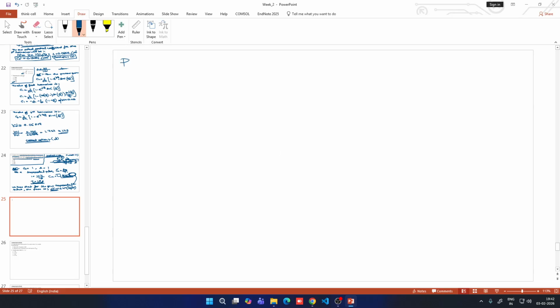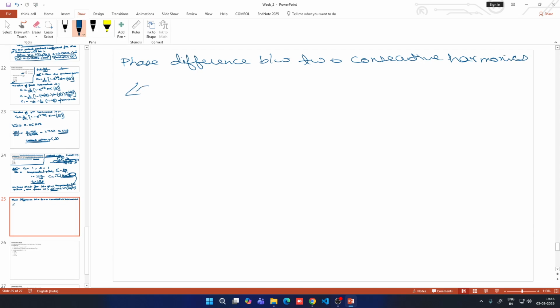And the phase difference is given by, but in the problem we have to find the phase difference between two consecutive harmonics. Let's say the first harmonic is Cn plus 1 and the previous one is Cn.